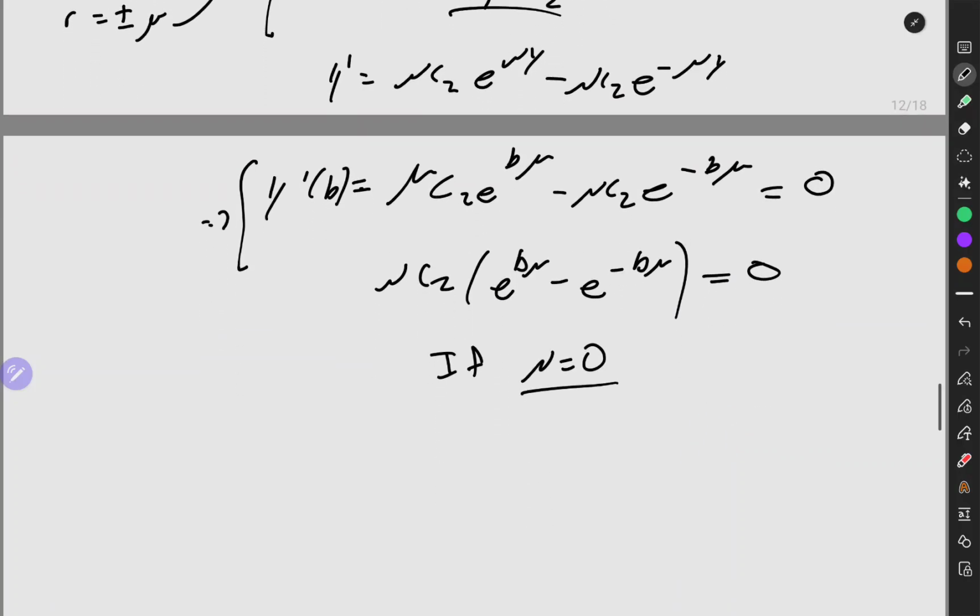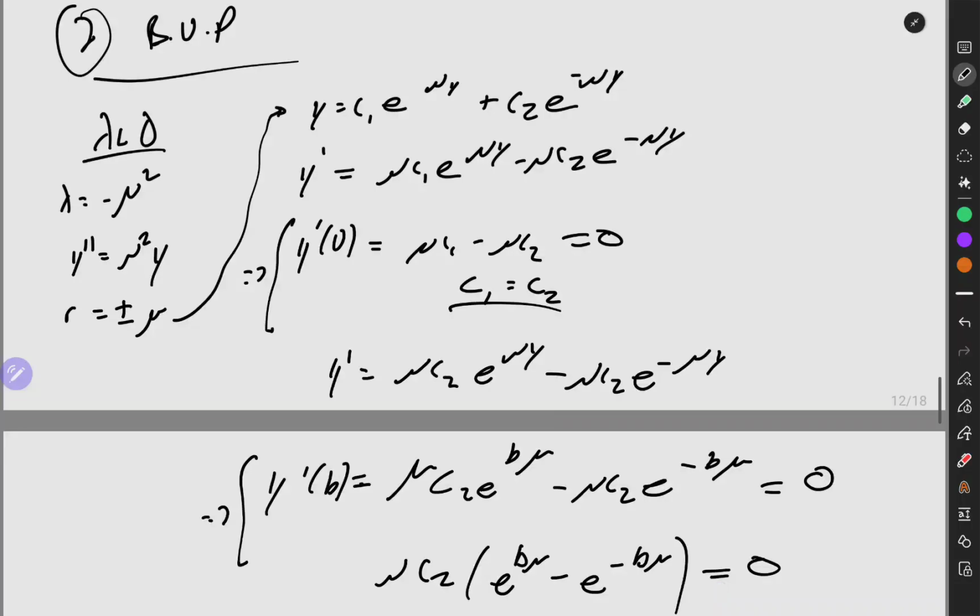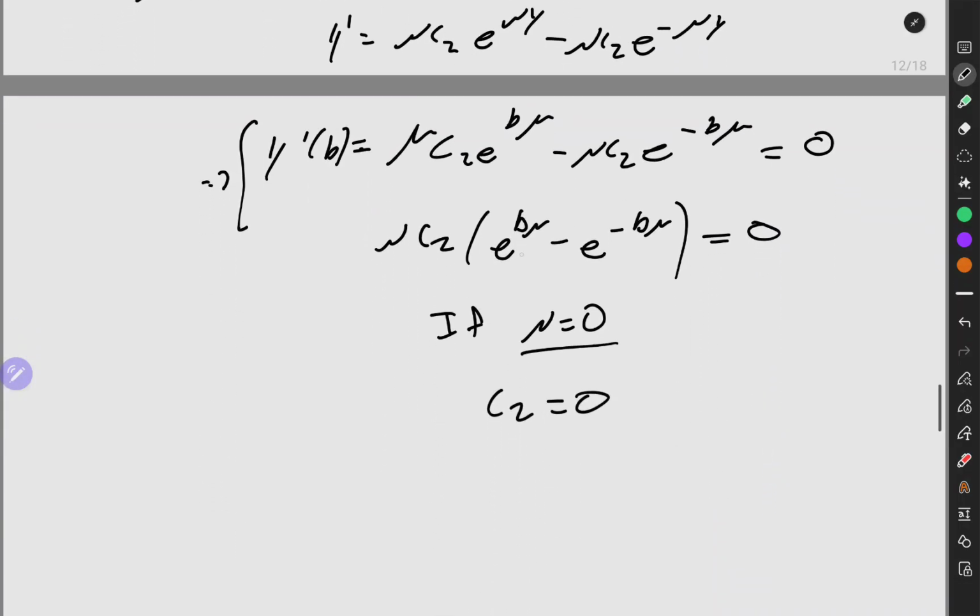So that basically tells us that mu has to be greater than or less than 0 in order for this to even satisfy. So that tells us automatically that C2 has to be 0 for this case. Because for any value of lambda less than 0, we're going to get C2 equals 0, right?